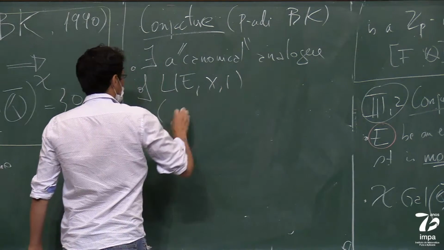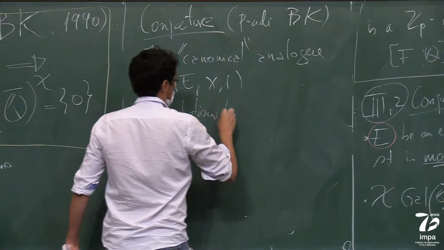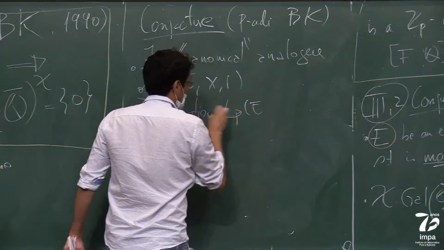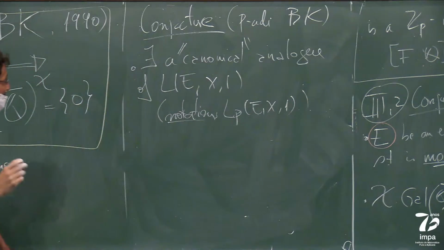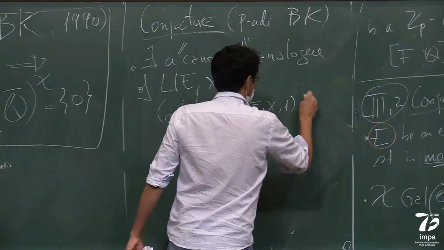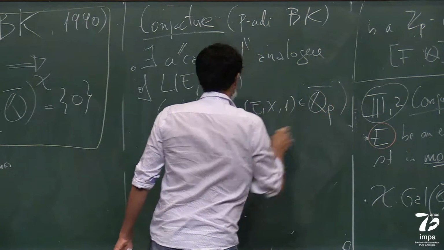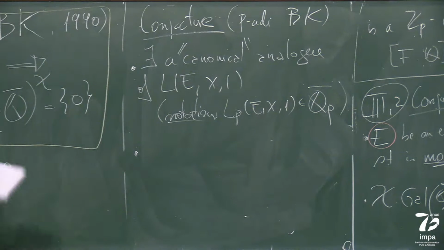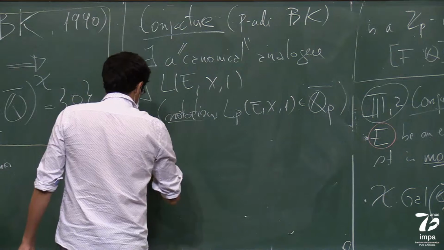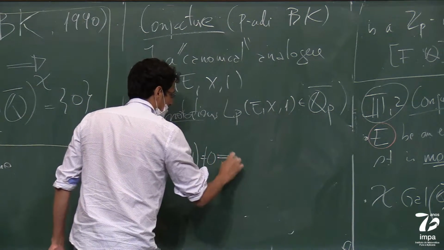All these words, canonical, I would need to make precise, but I will not. We denote it by adding a subscript p, to say that it's the p-adic version of it, and this is a number that lies here. The second part of the p-adic version of the conjecture is that you can relate again this number with the arithmetic of the elliptic curve: this number is non-zero, then the same here.